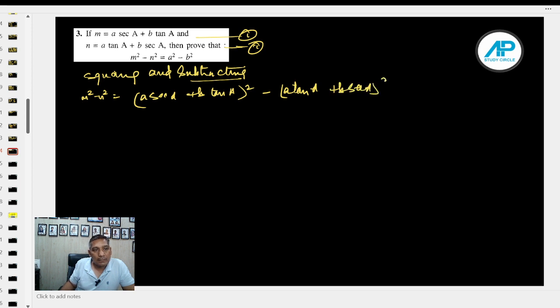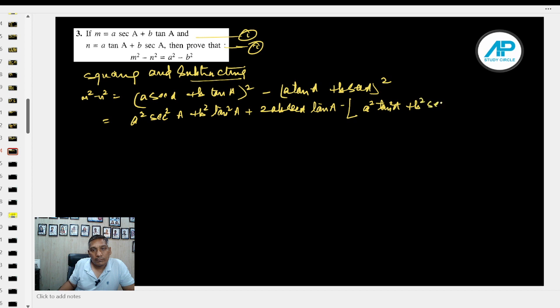So when you open the square here, I hope it is clear to you. This is the first bracket. So I keep this bracket just like that.